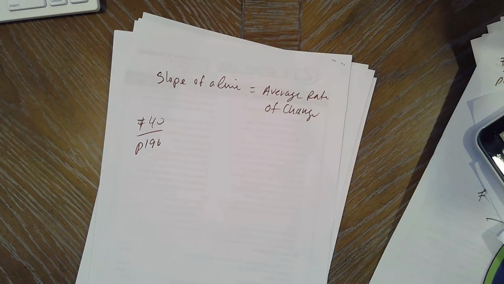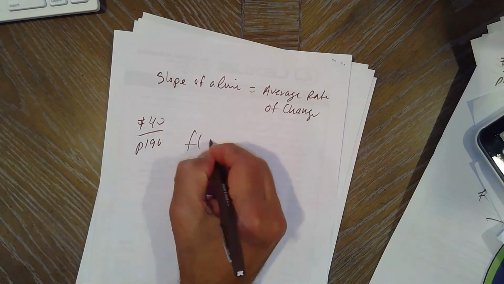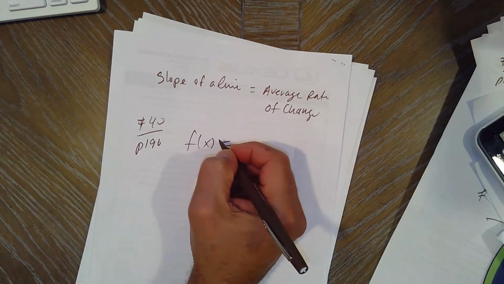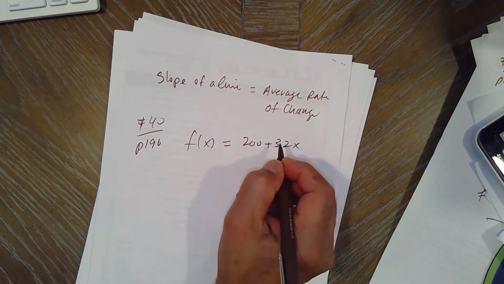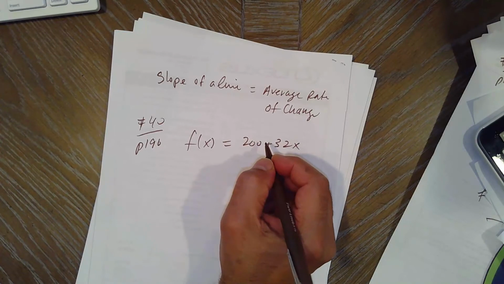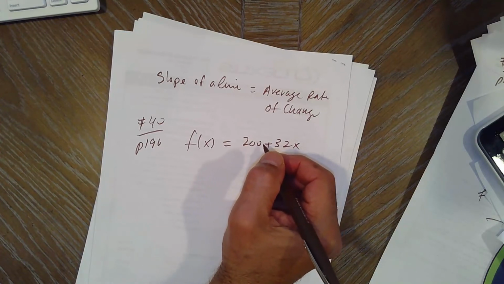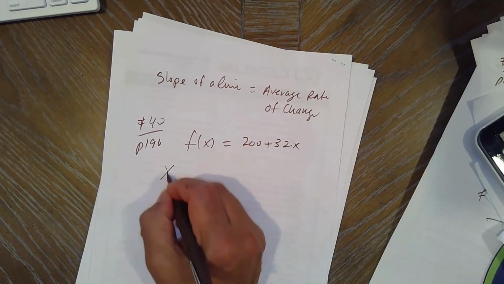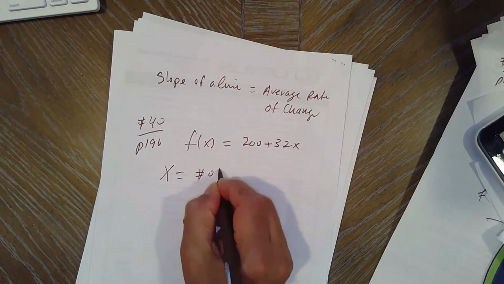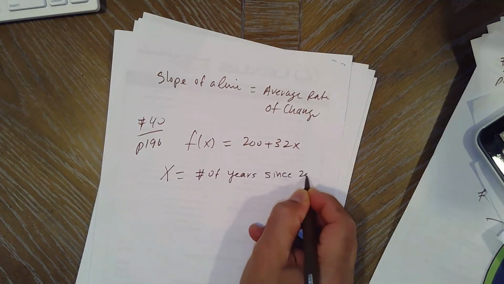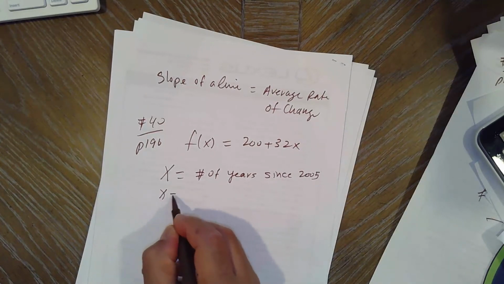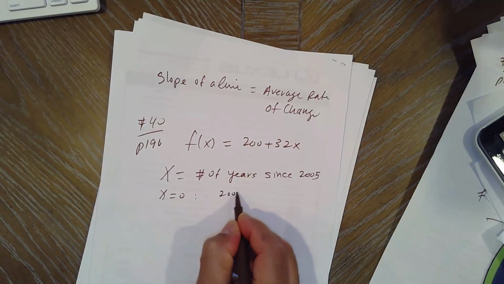The amount of copper ore produced from a copper mine in Arizona is modeled by the function f of x equals 200 plus 32x, where x is the number of years since 2005. So x equals 0, that's the year 2005.